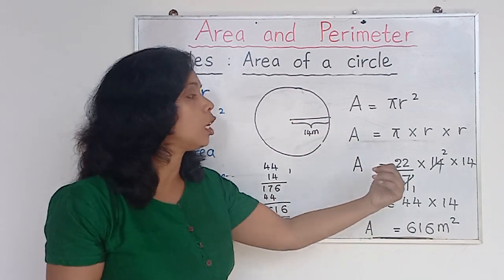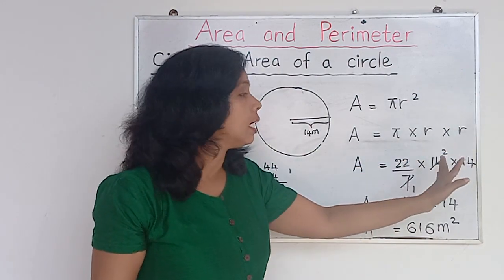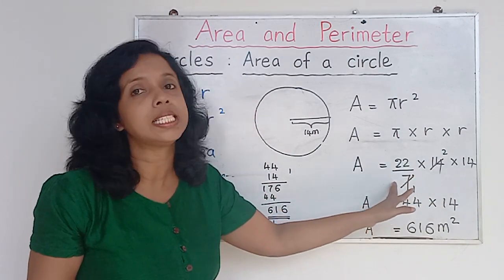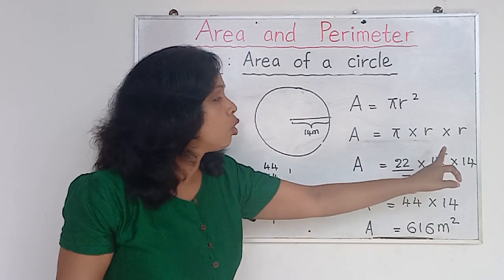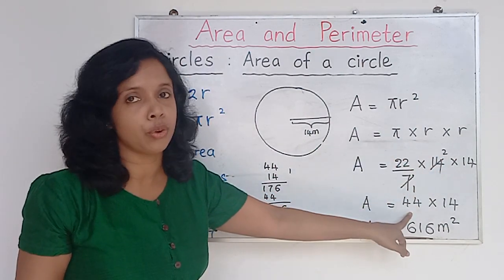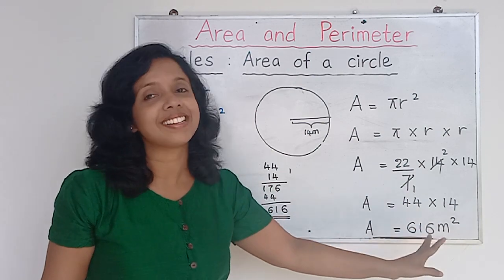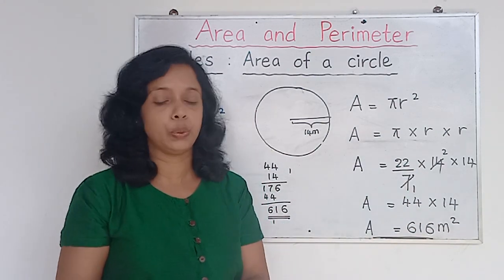So let's consider 22 over 7. And r times r, it is 14 times 14. Then I simplified this. 7 times 1 and 7 times 2, 14. 2 times 22, 44. And 44 times 14, it is 616. Right? Hope everybody understood.